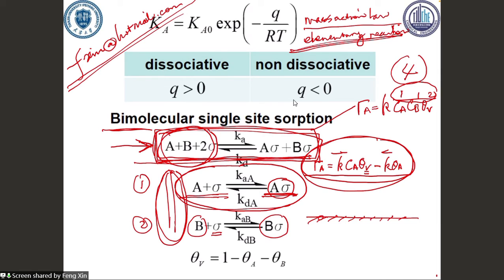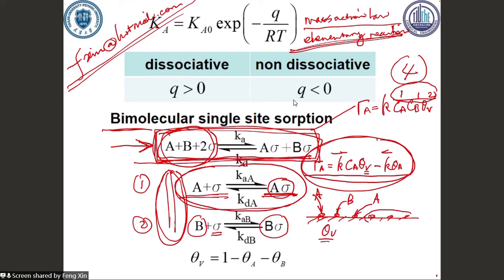Single site means one kind of active site. Now this is the active site. The active site can be occupied by A, or by B. So this is the competitive adsorption. Both A and B can adsorb on the active site. So let's look. Here you will have theta V, the void.